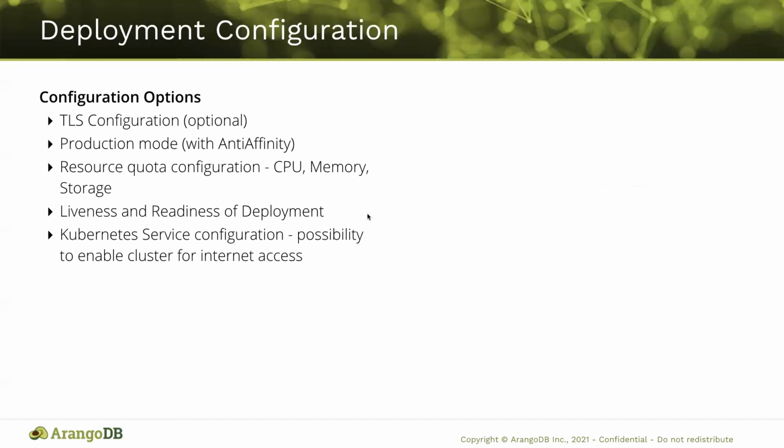So, deployment configuration. As said, we can also configure different deployment types. So for example, your TLS settings for enterprise, and the production settings. So this is anti-affinity. What this refers to is, if we are running on a Kubernetes cluster, we obviously don't want all our DB servers ending up on the same virtual or physical node underneath, simply because if that node would go down, this would take away all our data.